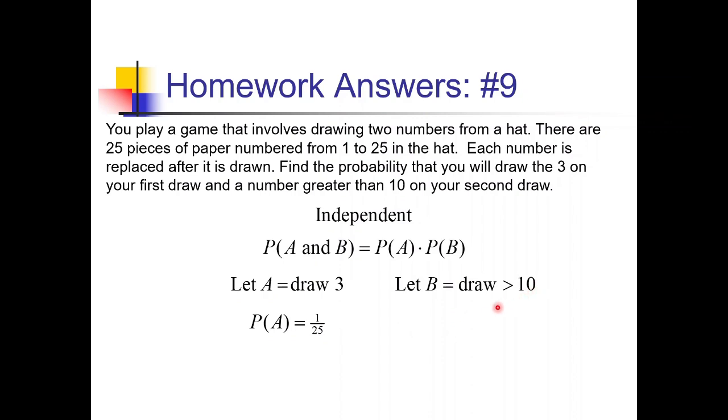If you're careful counting those, you'll see that's a total of 15 numbers. So 15 over still 25, because we put that initial piece of paper back. And we can reduce that to 3 over 5 if we like. So multiplying these together, we have 1/25 times 3/5. That'll be 3 over 125, which cannot be reduced. So that is all.